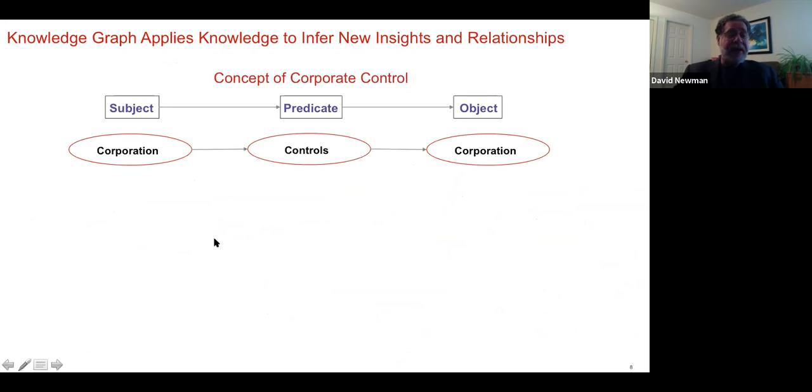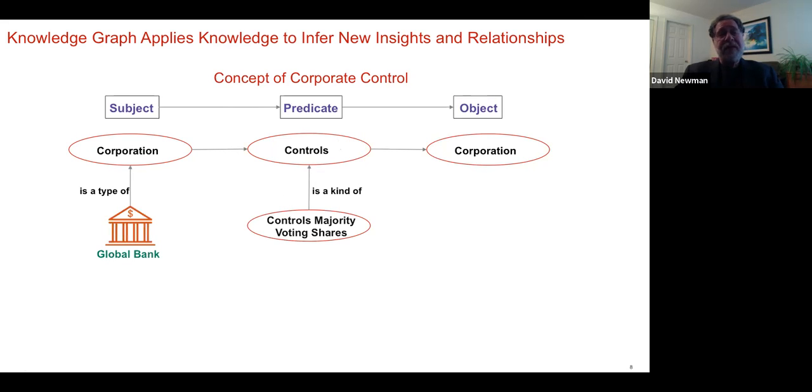A corporation is an example of a subject, controls another corporation, predicate, and another object represents this concept of corporate control. And then we could weave more specificity into this concept by saying that controls majority voting shares is a kind of controls. We can add more specificity to subjects, predicates, and objects.